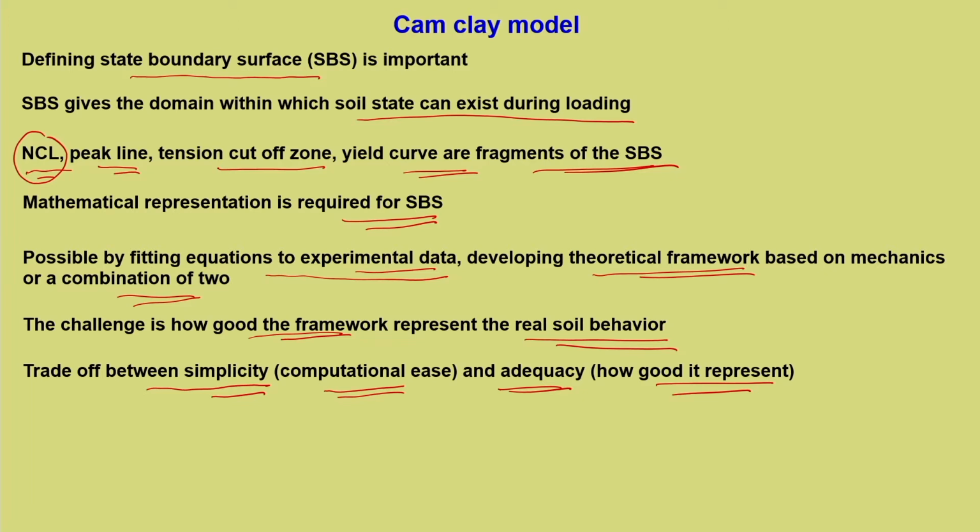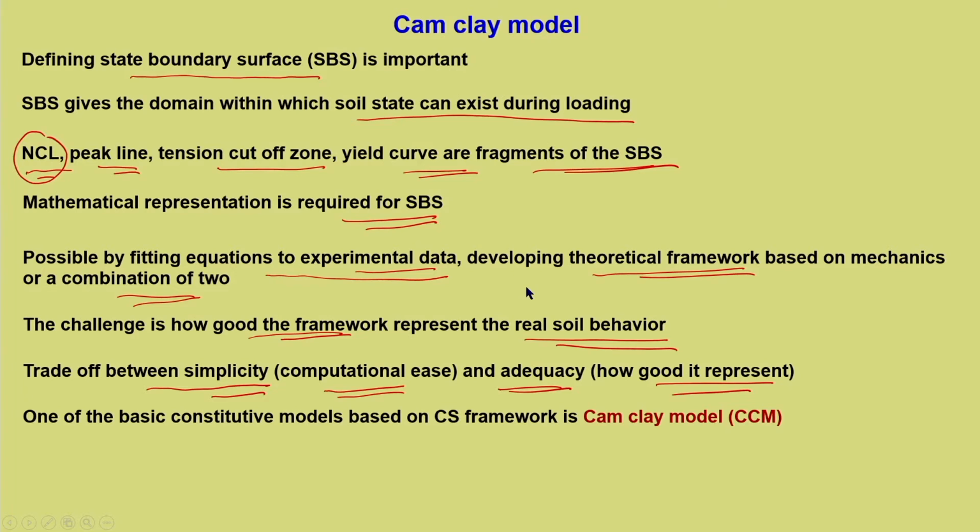If we want to model every bit of every aspect of the soil, that is going to be computationally highly intensive, and that may not be really advantageous from a design perspective, where there are equally large uncertainties otherwise also. So we need to strike a balance between how simple our model is vis-a-vis how good it represents. That is why simplicity and adequacy.